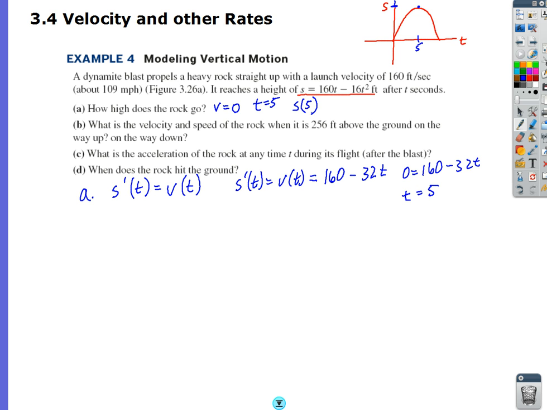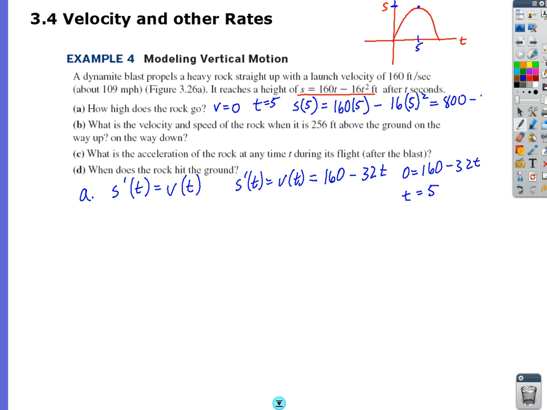So what is s of 5? s of 5 is equal to 160 times 5 minus 16 times 5 squared, which is then equal to 800 minus 400.